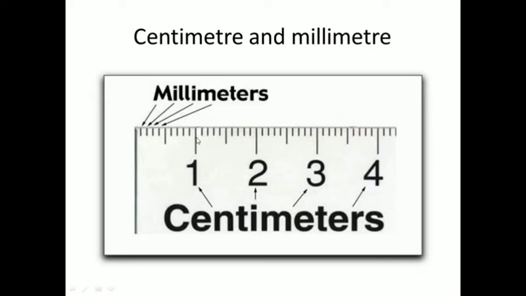Okay, we are going to include the long lines in the millimeters. Children, there are 10 millimeters in every centimeter. Again, there are 10 millimeters in every centimeter. So these are also millimeters. You understand? These are also millimeters. And there are 10 millimeters in every centimeter.